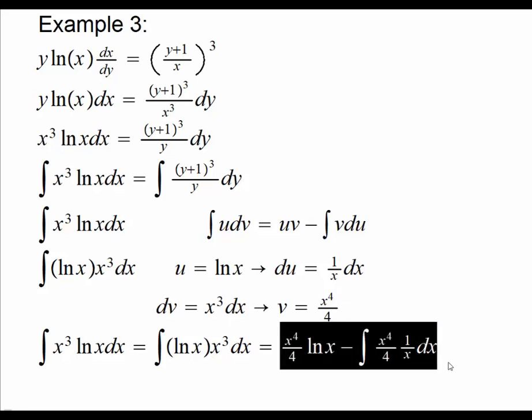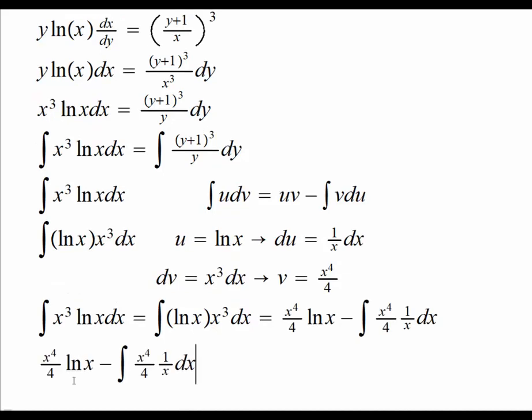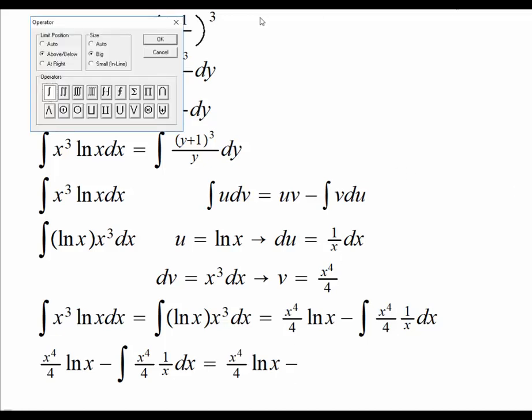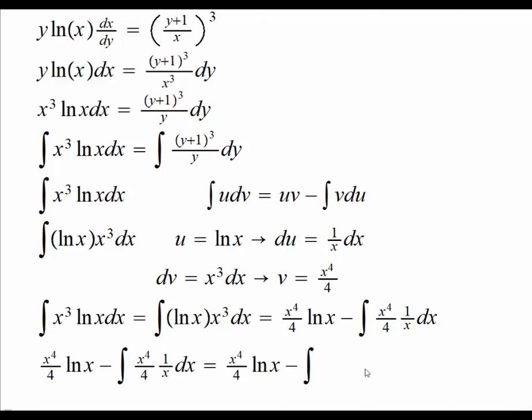So what we get here is the answer as x to the 4 over natural log of x, and then minus, here we got x cubed over 4, dx, and that is going to be simply x to the 4 over 4 natural log of x, right?